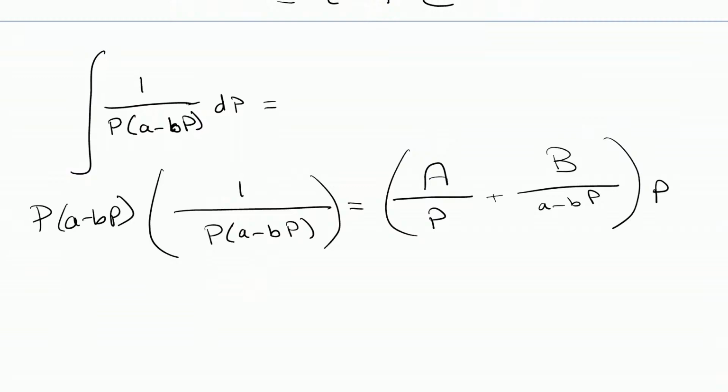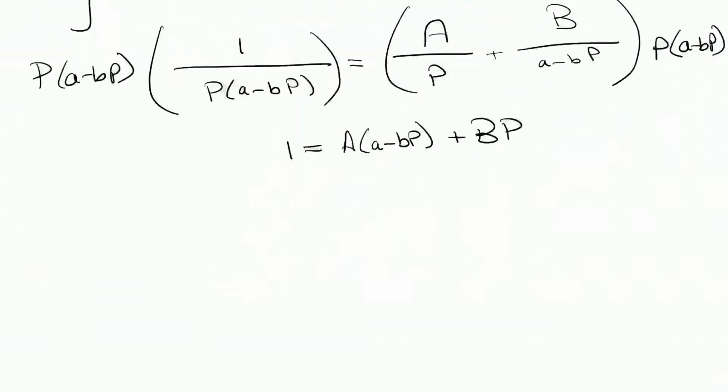So you remember this. And what's going to happen on the left, you get 1. On the right, you're going to get a times (little a minus b times p) plus b times p. Okay, that's not too bad, is it?